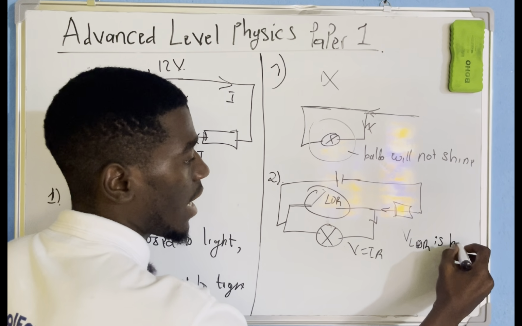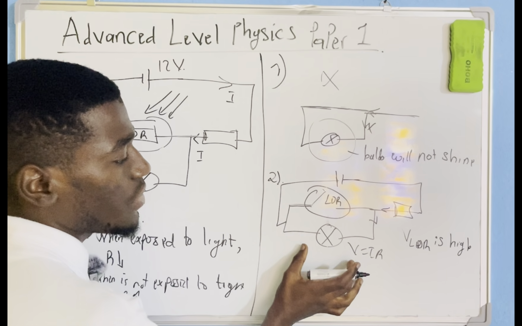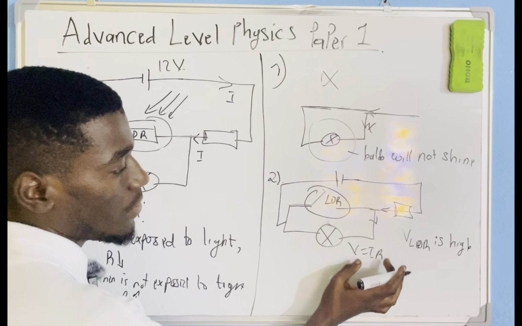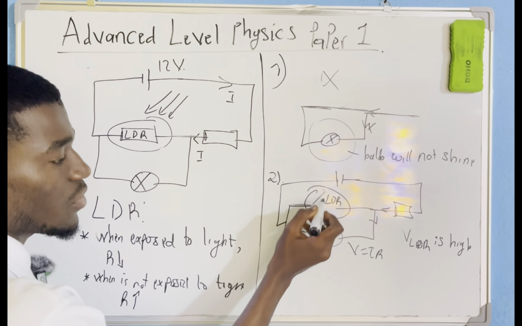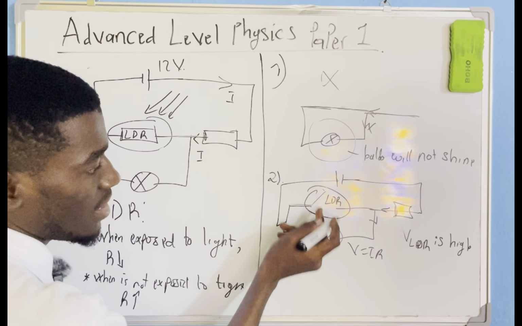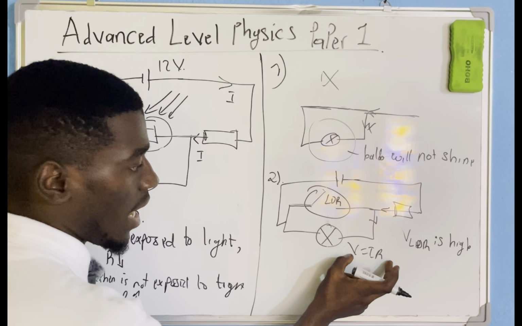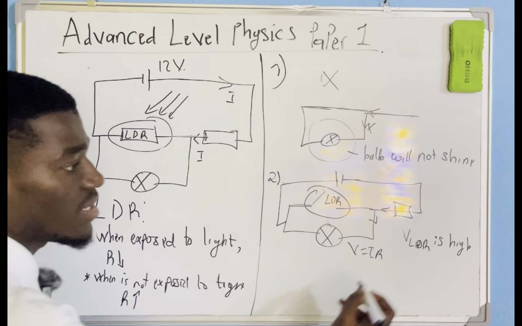The PD across the LDR comes from the PD of the bulb. Since the PD of the bulb is high because all the current is flowing here, because the resistance of the LDR is too high, all the current will flow here. Therefore, since they are in parallel, the PD of the LDR is also high.